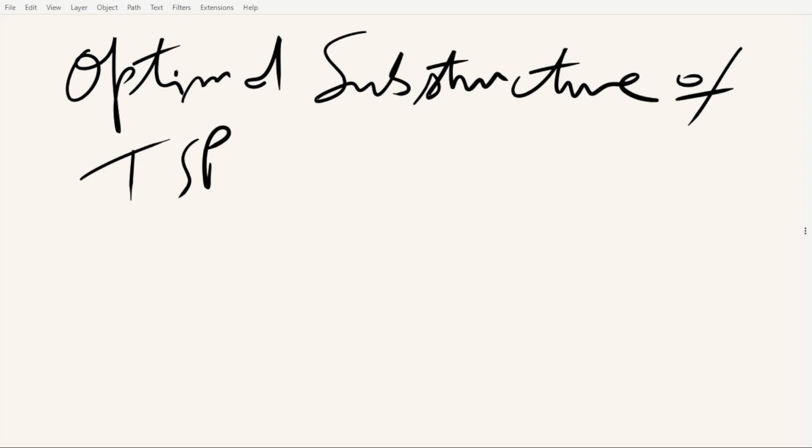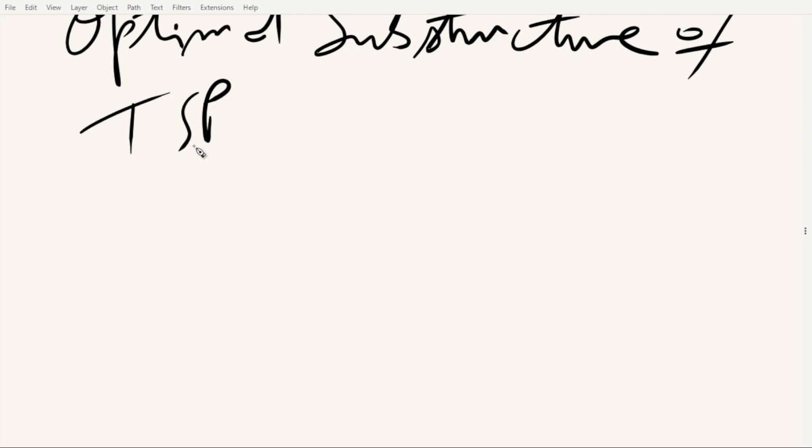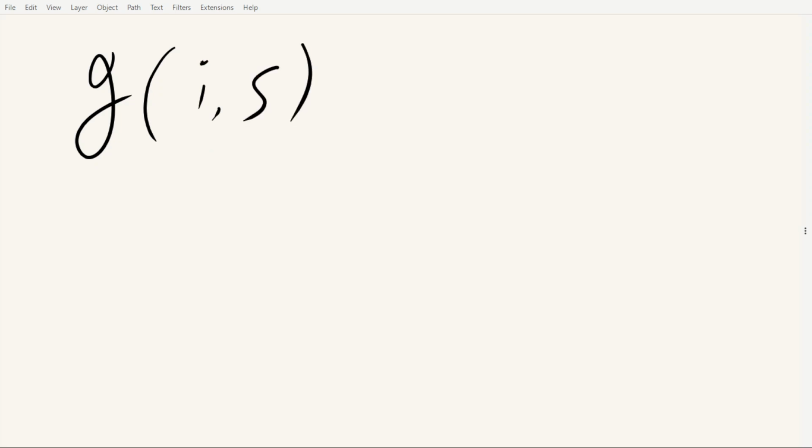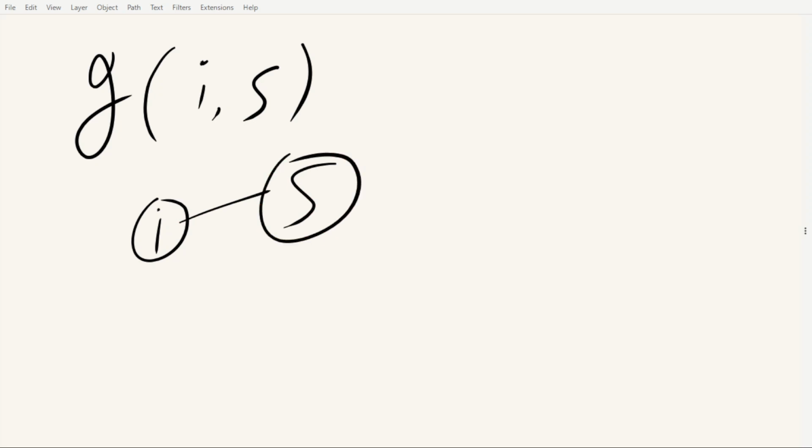So here we formulate our problem. We make a function g(i, S). Here i is the start city and S is a set of intermediate cities. The traveler will start from i, move through the cities within S, and come back to city 1.